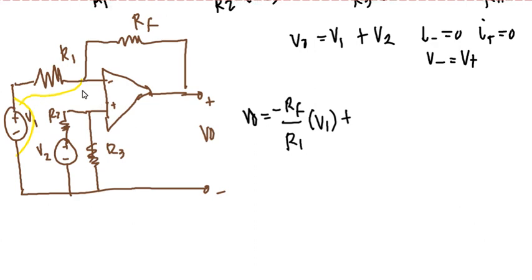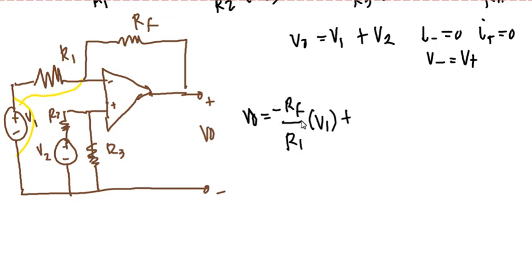So the appearance of our circuit is like a non-inverting op-amp. We know the formula for non-inverting, which is 1 plus RF over R1, multiplied by our specific voltage.